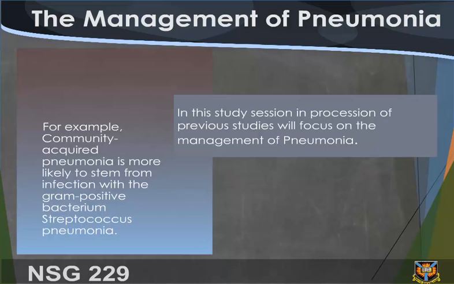For example, community-acquired pneumonia is more likely to stem from infection with the gram-positive bacterium Streptococcus pneumoniae. In this study session, in continuation of previous studies, we'll focus on the management of pneumonia.